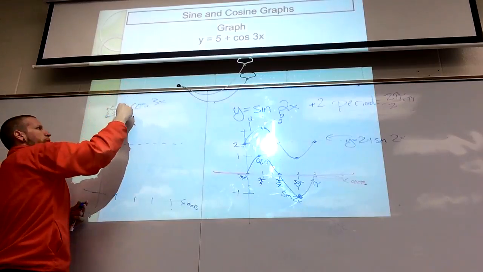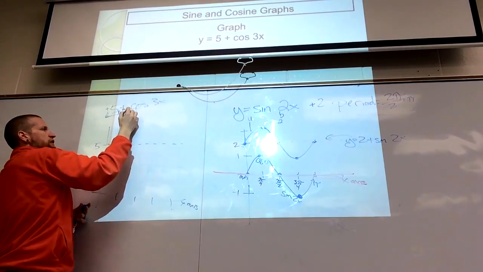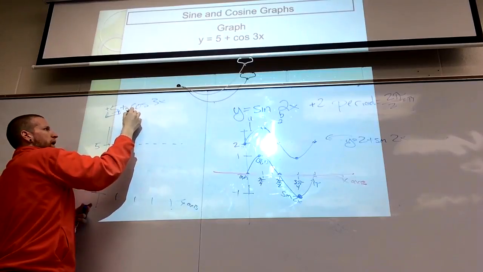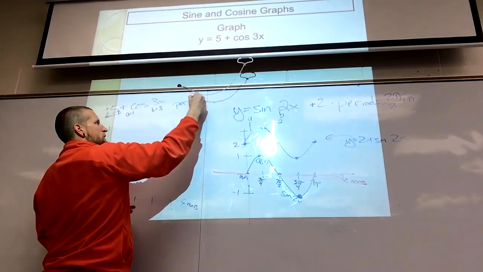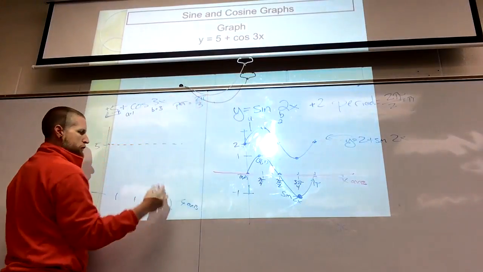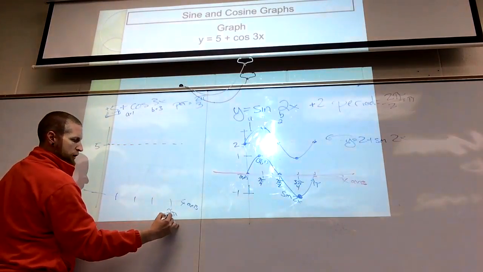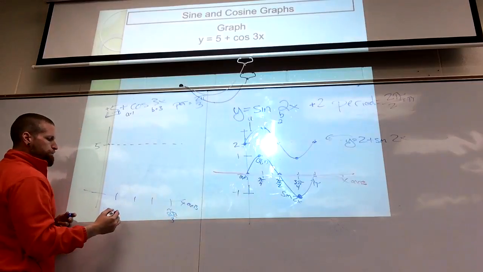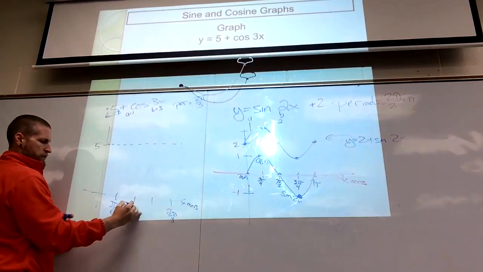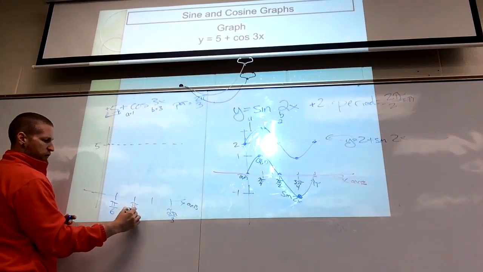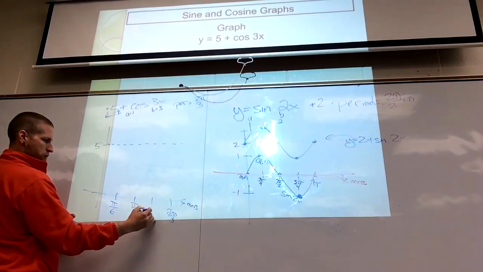So if I go back into what we did Monday, right? My amplitude here is still 1. So my A is 1. The B is 3, which means my period should be 2 pi over 3. So this number over here is 2 pi over 3. This would be 1/4 of it, which is pi over 6. That's pi over 3 to, where am I at?